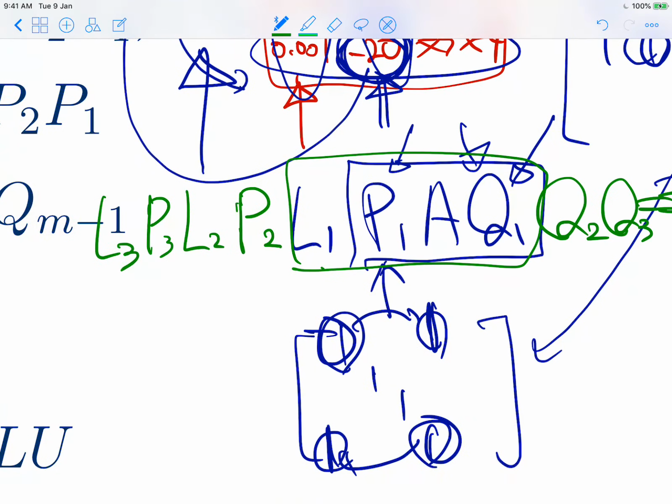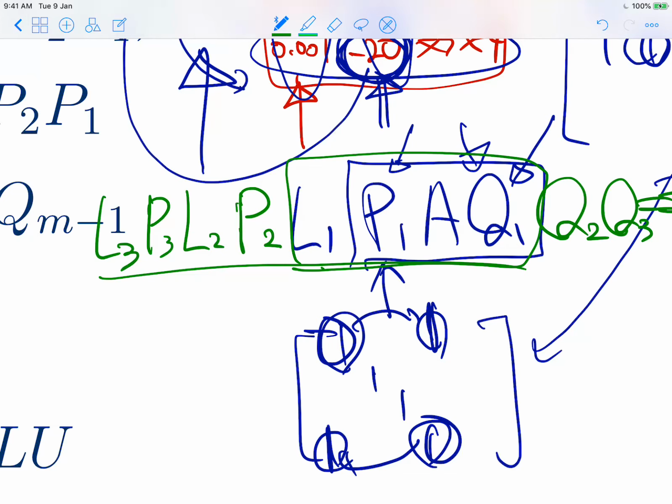Okay, so in this intermingled representation of L3, P3, L2, P2, and so on, we know how to move all the L's to the left and all the P's to the right.